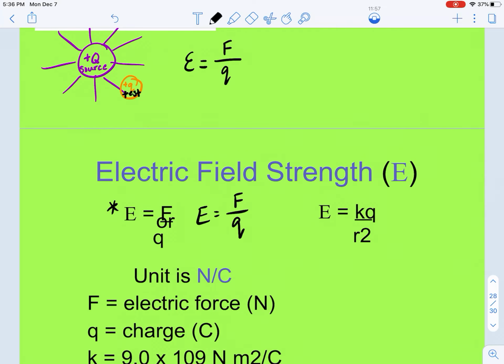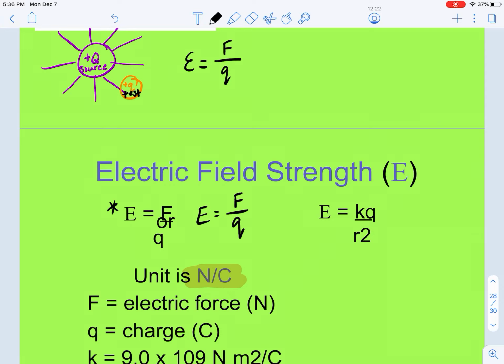The font just kind of got a little off here, or the typing got off a little bit. So E equals F over Q is what that says. Now, this is going to be a force measured in newtons and an electric charge measured in coulombs. So you see that our unit for the electric field strength is going to be newtons per coulomb. Okay, so N divided by C.